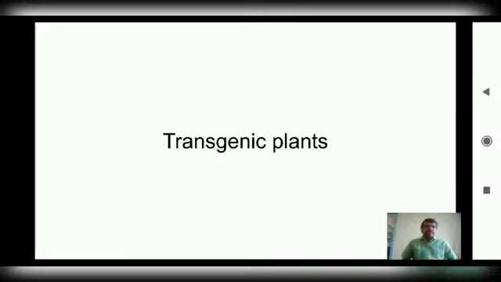So in this class, let us know what these transgenic plants are and how these plants are developed, what are its applications. So first let us know the definition of transgenic plants.